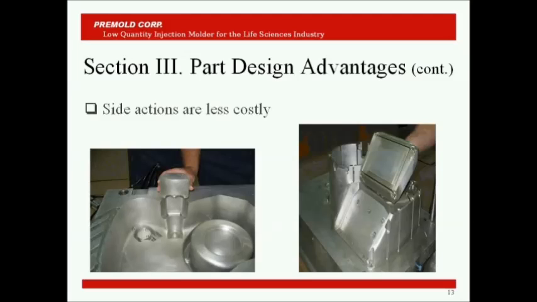Therefore, expensive hydraulic side action systems are unnecessary. The picture on this slide illustrates that it's easy to design low-cost hand-loaded loose pieces. Molds for large RIM enclosures and housings used in the life sciences industry often have multiple hand-loaded loose pieces designed to achieve important cosmetic and functional features in the parts.